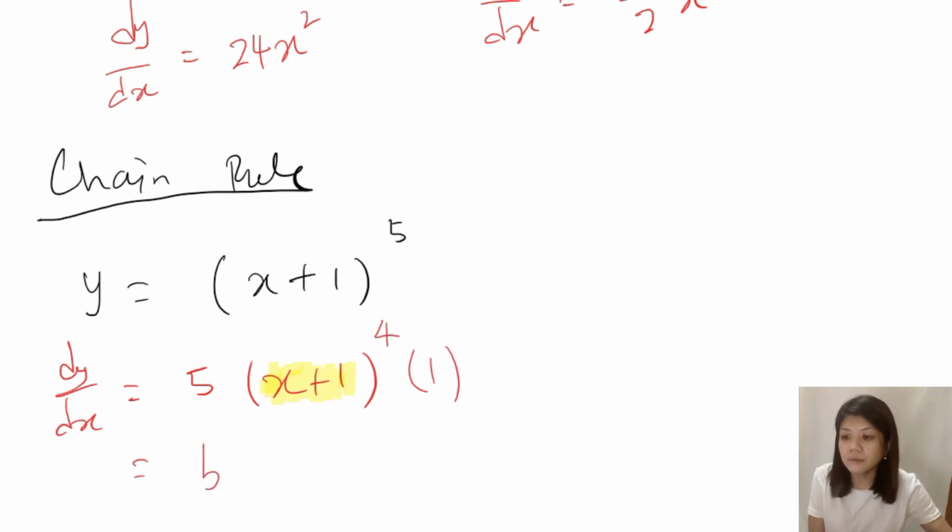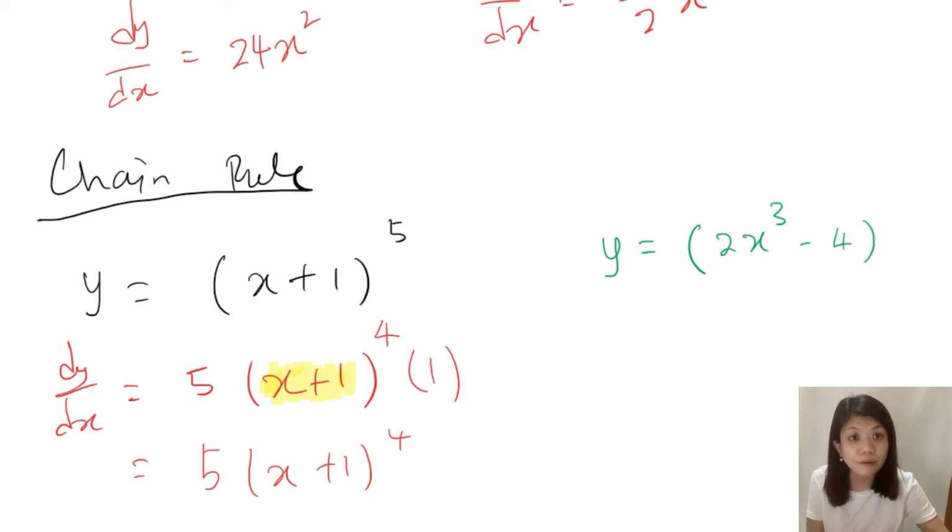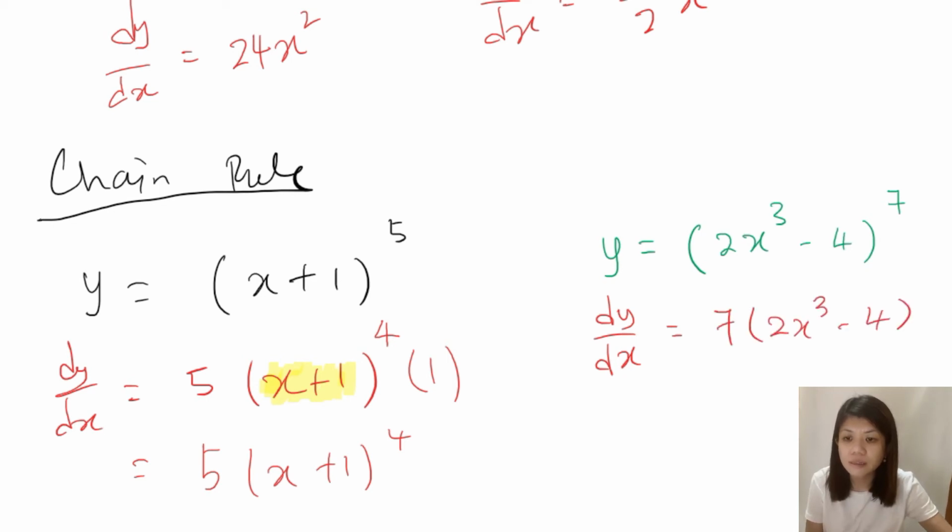We can have a bit more complicated example. Say now I switch this to (2x to the power 3 minus 4) to the power 7. So what is the derivative? We have to use the chain rule because this is a very complicated function. Using the chain rule we bring the 7 down first, and you're gonna have this, don't forget the minus 1.